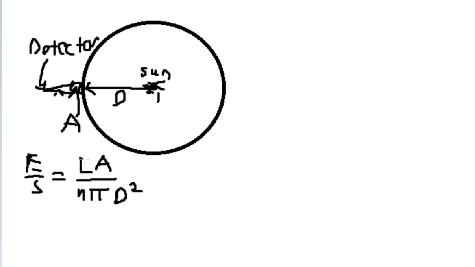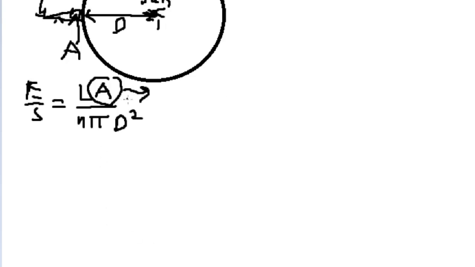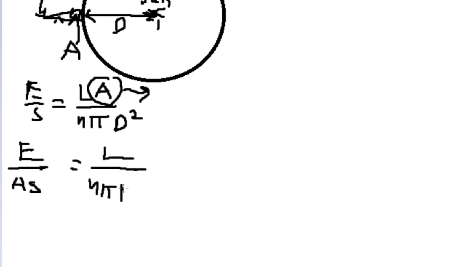Now, this value of A is really uncertain because it's different for every single telescope. So what astronomers do is they take this A and they bring it over here. So that becomes E by A per second is equal to L by 4 pi d squared.